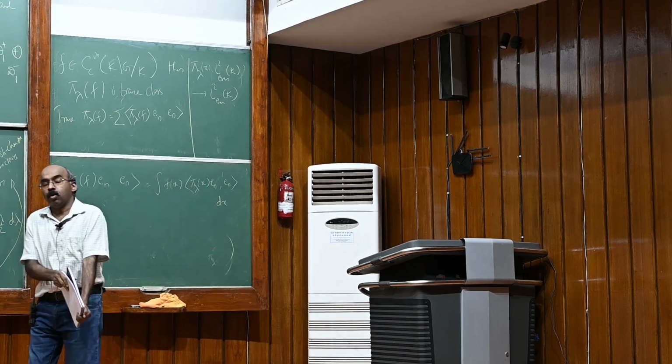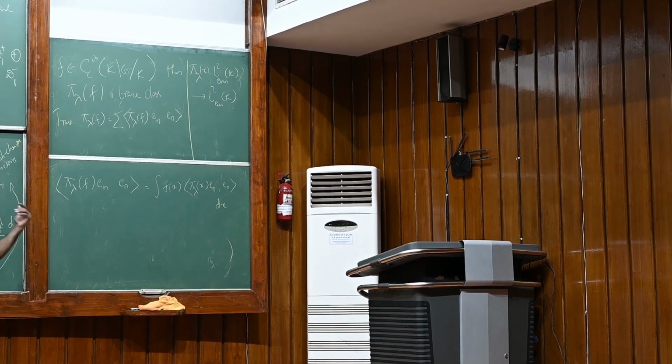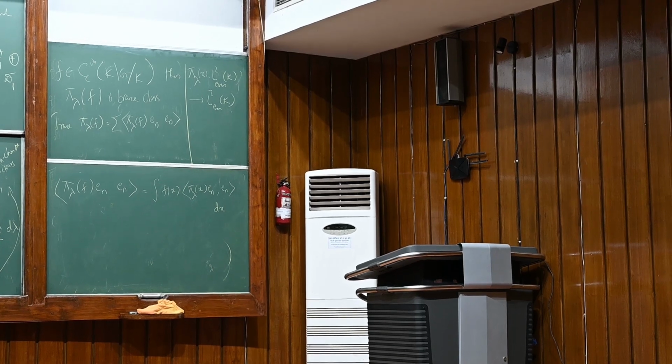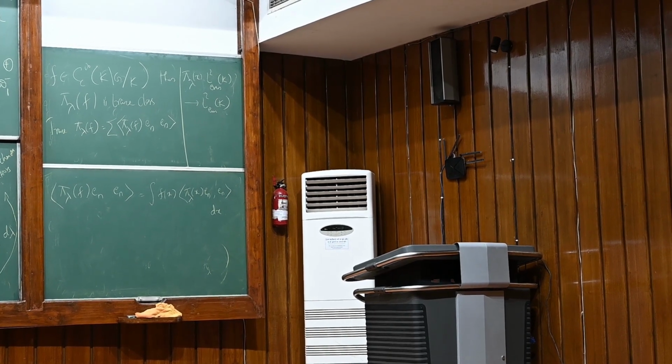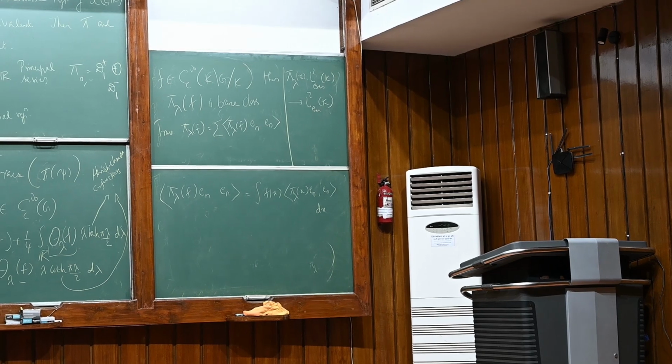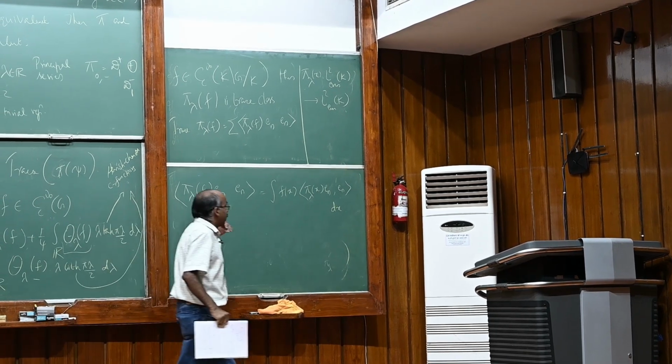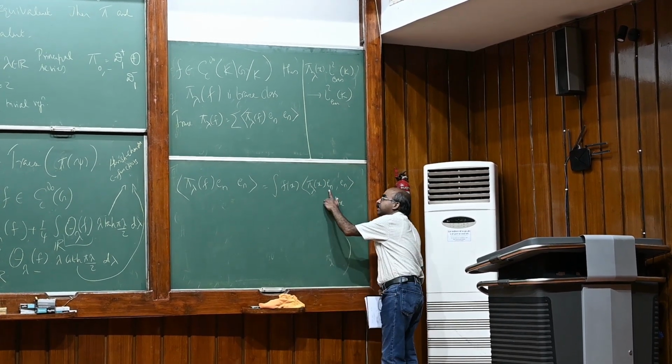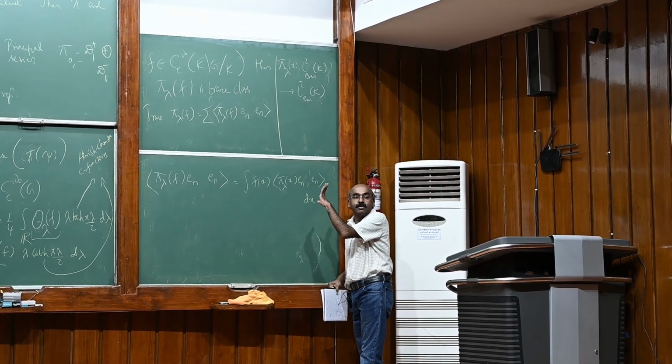Now we can do whatever we want. Remember, it survives only on the K-fixed vector, because of that K-invariance. So only the term with the constant function 1 will survive. Everything else will be 0.